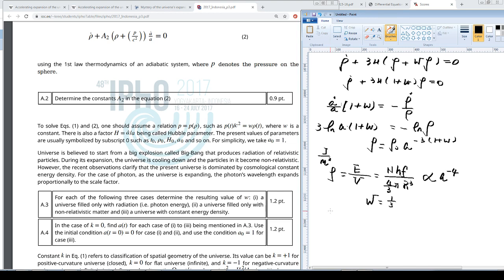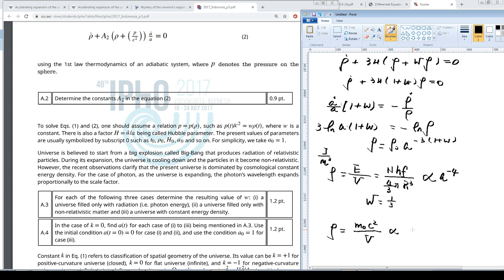Okay, so what if it's non-relativistic matter? Then the energy will simply be m naught c squared, rest mass energy over v.